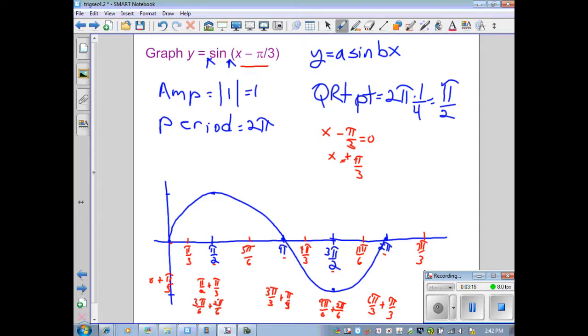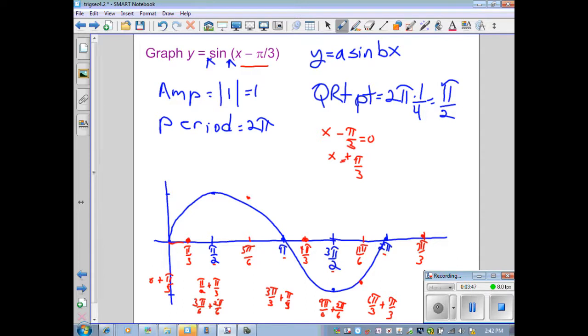Each one of my quarter points moves to the new section. So from here, the 0 goes to the pi thirds. My 1 goes to 5 pi sixths. 0 at pi goes to 4 pi thirds, and the minus 1 at 3 pi over 2 goes to 11 pi over 6, and 0 at 2 pi goes to 7 pi thirds.